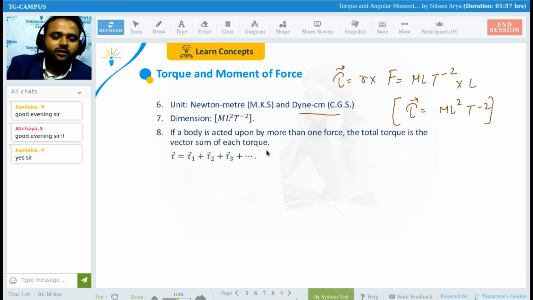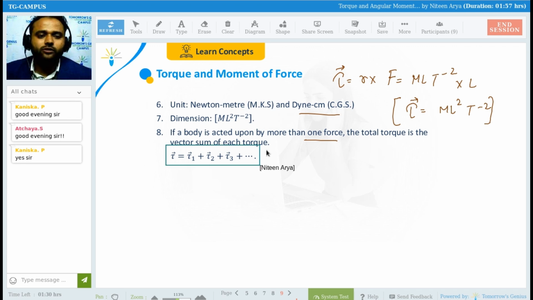Clear? Okay. If a body is acted upon by more than one force, the total torque is the vector sum of each torque. That is very easy. Like in the previous class, in the first class, we did the moment of inertia, m1r1 plus m2r2, and velocity of center of mass, m1v1 plus m2v2 plus m3v3, and the total external force on any rigid body is F1 plus F2 plus F3 plus F4, and so on.